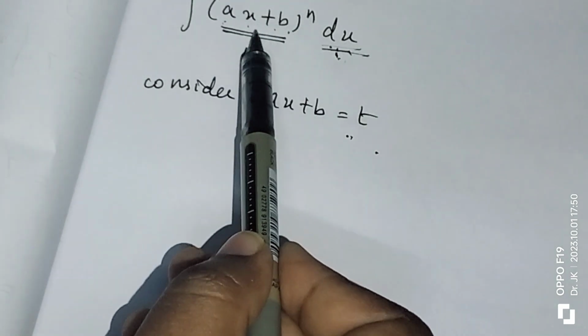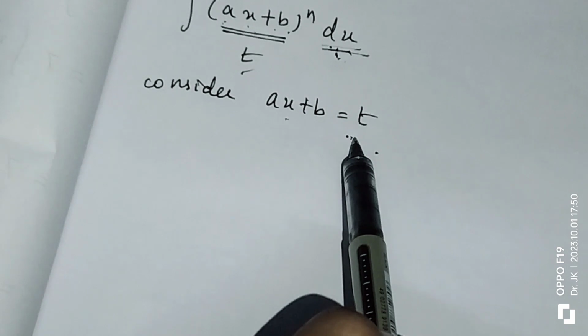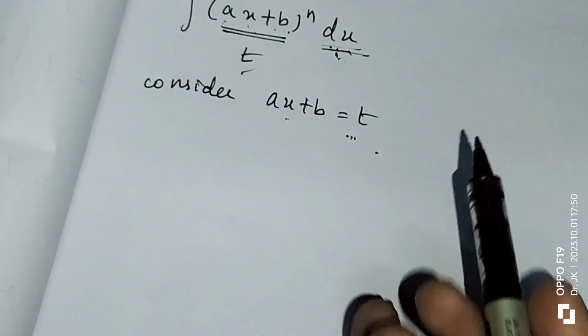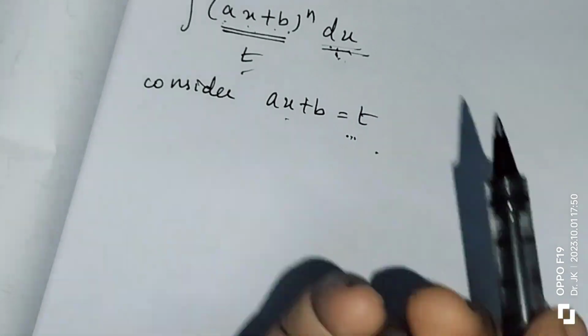So ax plus b is equal to t. Now we're going to find dx.